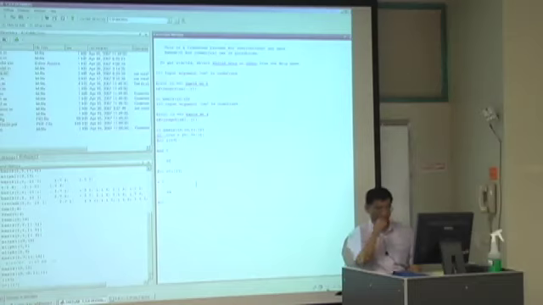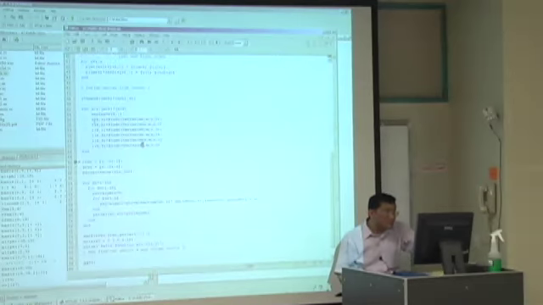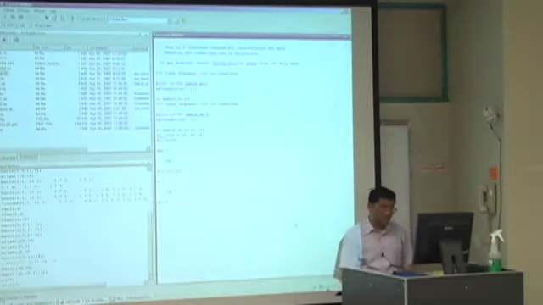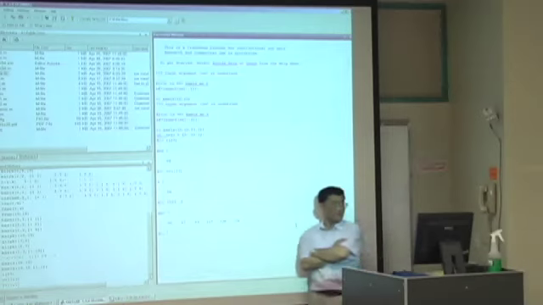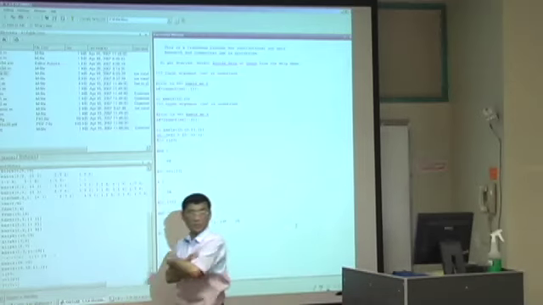How can I get it? I guess link information is a two-dimensional vector, so I should write link information of 37, and then this. So this is the link information of the 37th point.